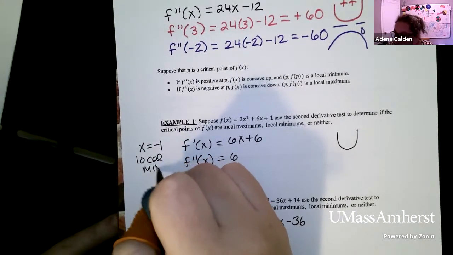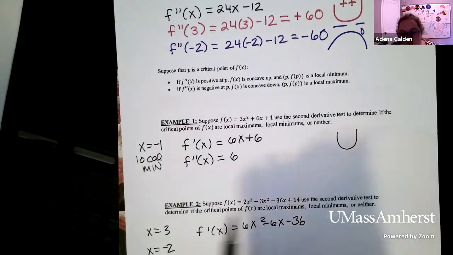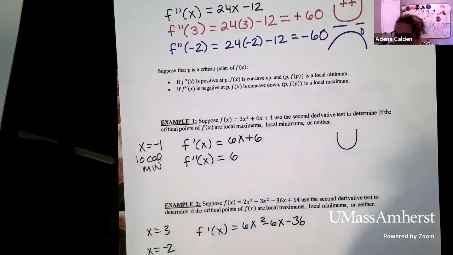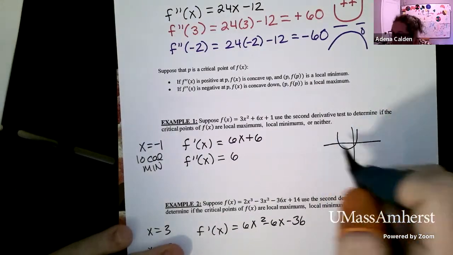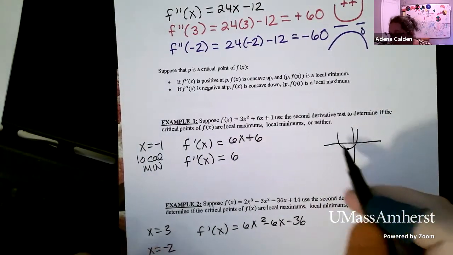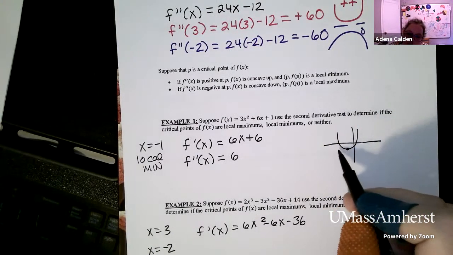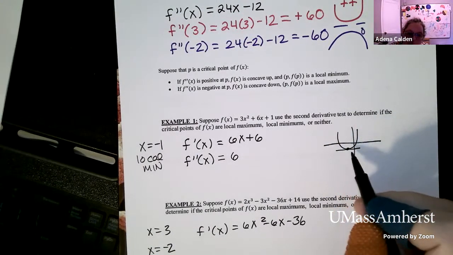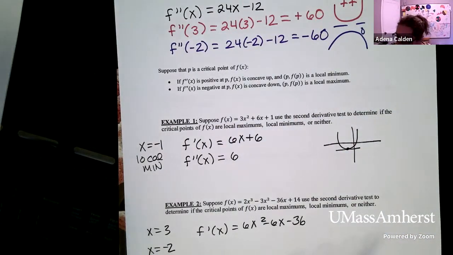So if you get a value for the second derivative instead of a function, you can still use that to classify your critical point. And if you remember, our function, when we graphed it, looks like this. So we already kind of knew that it's just concave up everywhere and that our critical point is right here at -1. So this all agrees with what we've been doing before, okay?